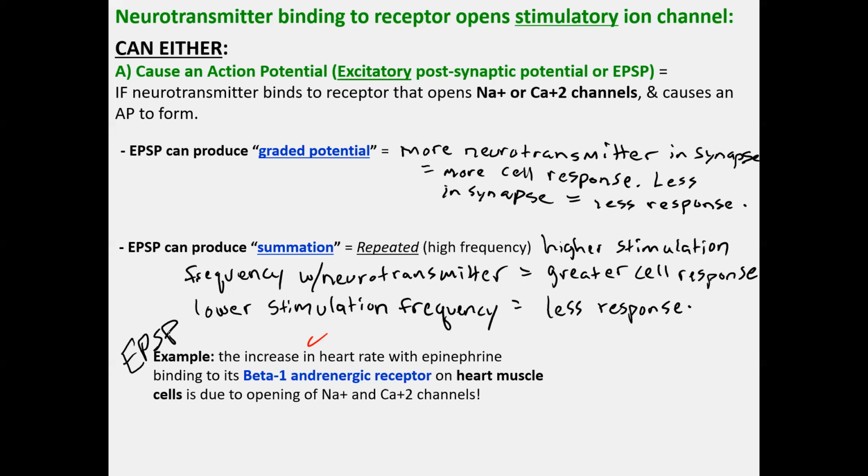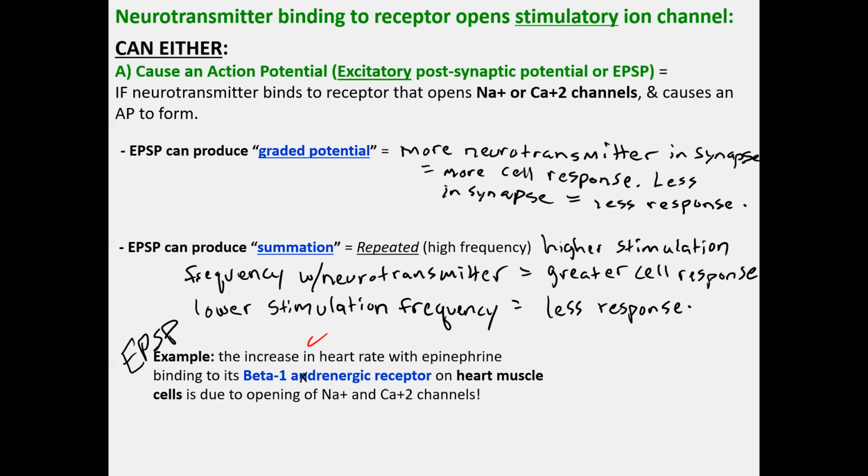Oops, misspelling, there's no N in adrenergic. That's a typo, I have to fix that. When epinephrine binds to the beta-1 adrenergic receptor on the heart, it opens up sodium and calcium channels, both of them. And you know those ion channels will stimulate the heart and produce EPSPs.